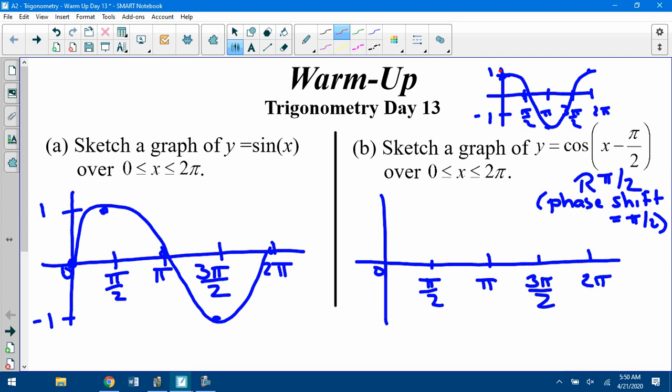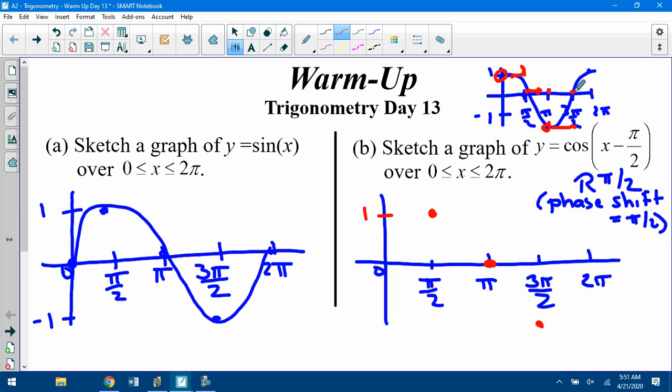Okay, so this point's at 1 up here when x is 0. I'm going to shift that right pi over 2. We're going to plot it at 1 right here. This point is 0 at pi over 2, shifts right, so now it's going to be at pi. This -1 shifts right pi over 2, so now it's at 3 pi over 2.